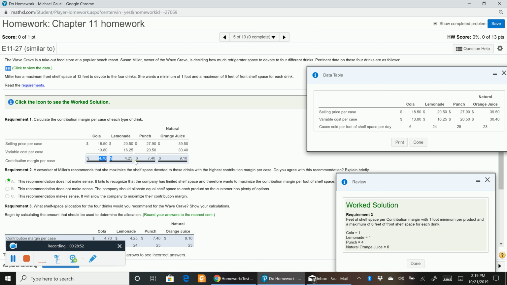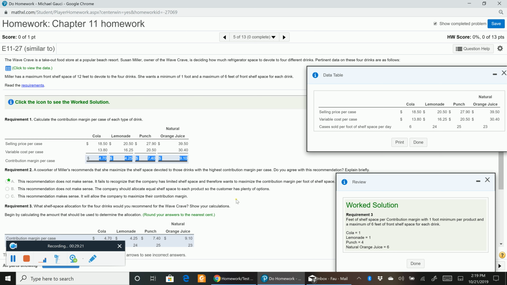Without considering anything else, if you looked at the contribution margins per case, you would naturally choose the natural orange juice to devote most of the space to. They are making $9.10 per case. So a coworker of Miller recommends that we give orange juice the most space, since it has the highest contribution margin per case.